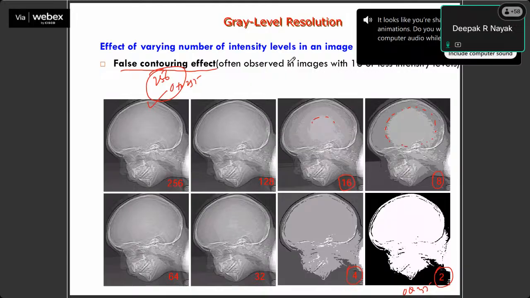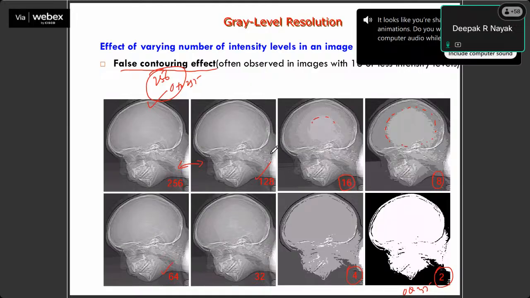So these things should be avoided, and we should not take too few colors. But if you take 64 colors or 128 colors, probably you will not find any difference between these two, because even 128 tones or colors are sufficient to capture all the information.